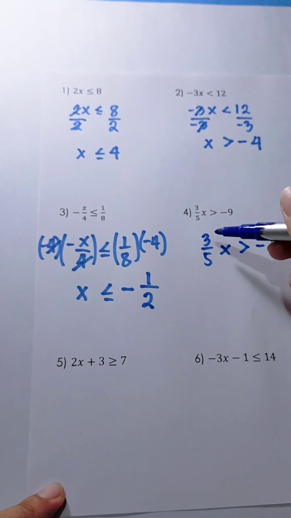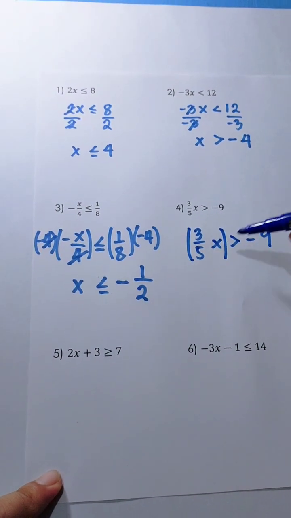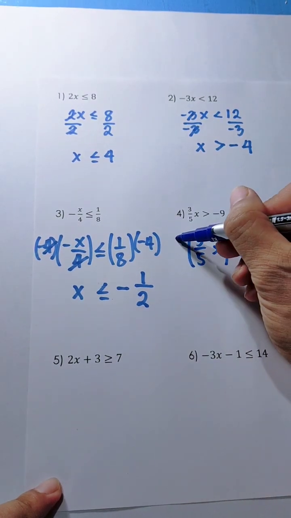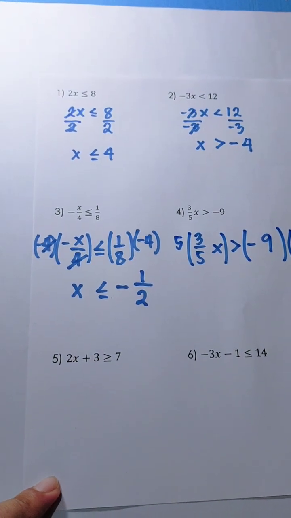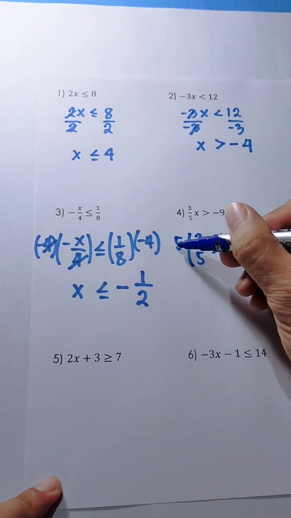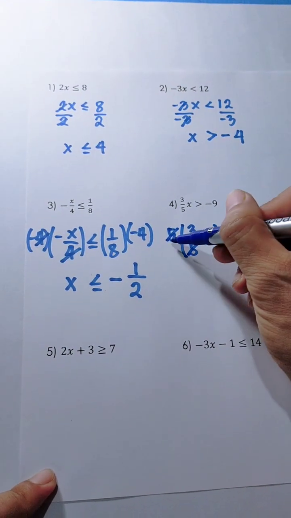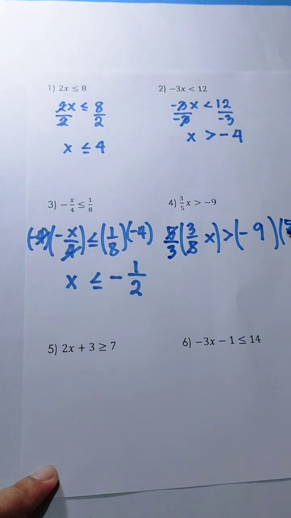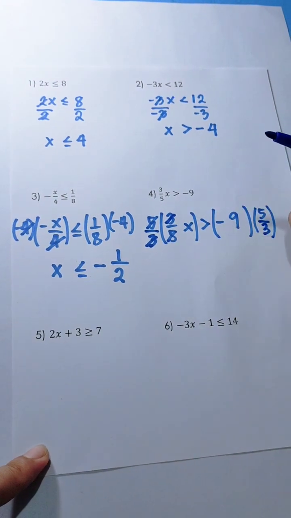Here, to take away this coefficient, multiply both sides by 5. The 5 will cancel out. To remove the 3, we divide both sides by 3. The 3 cancels out.